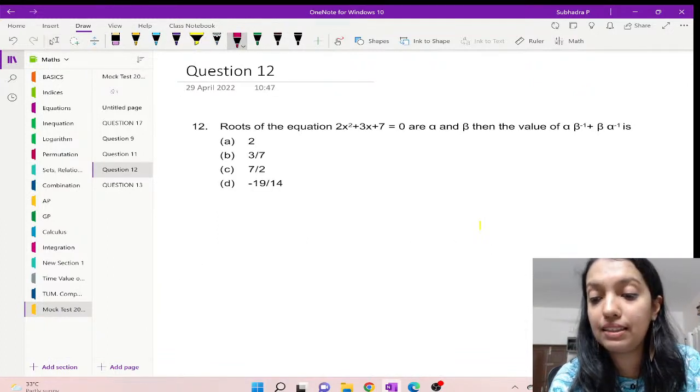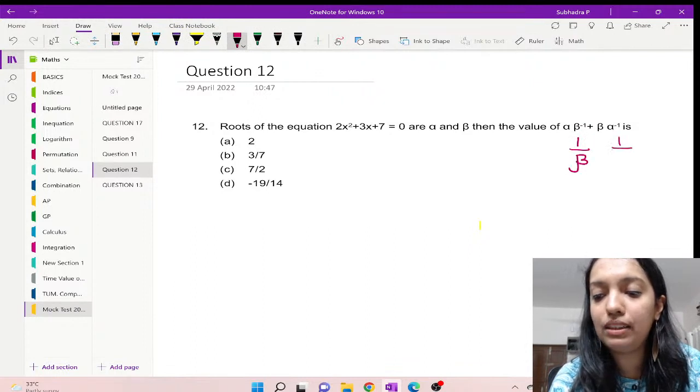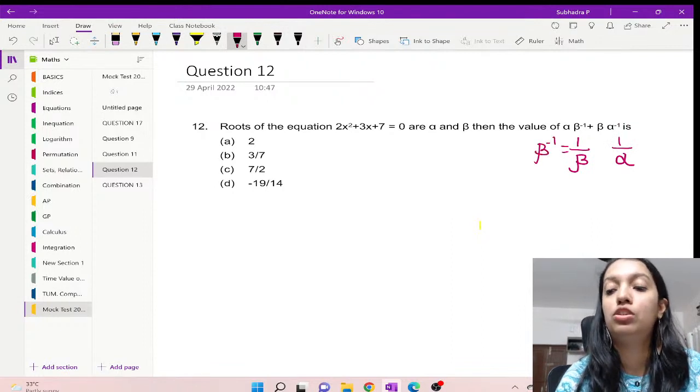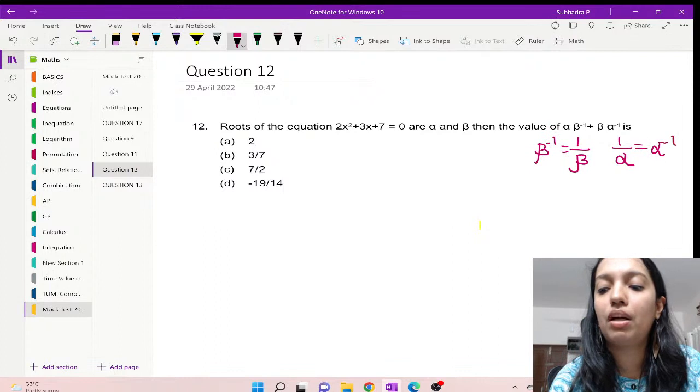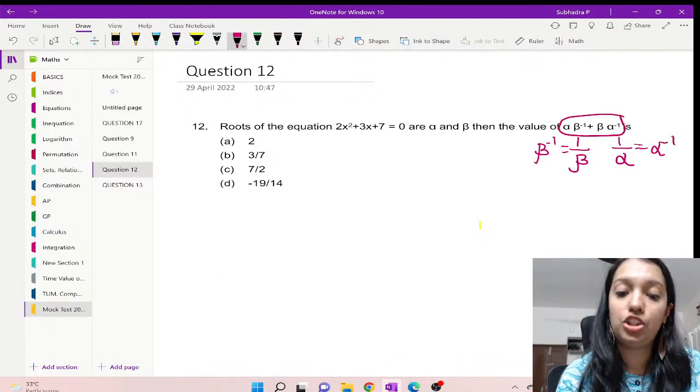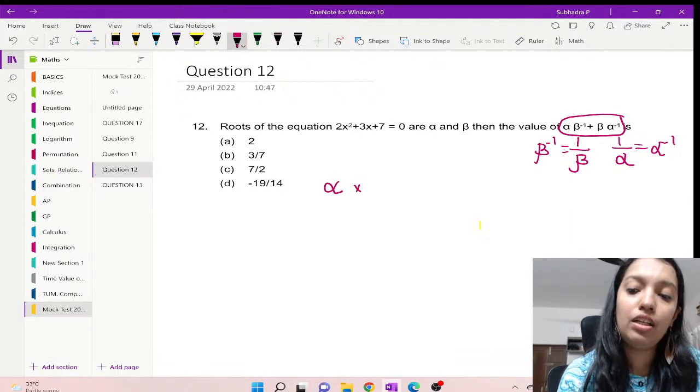I can replace this as 1 divided by beta and this as 1 divided by alpha. Remember that, because this is beta to the power minus 1 and this is alpha to the power minus 1. So what will I do? I will rewrite the question as alpha into 1 by beta plus beta into 1 by alpha.